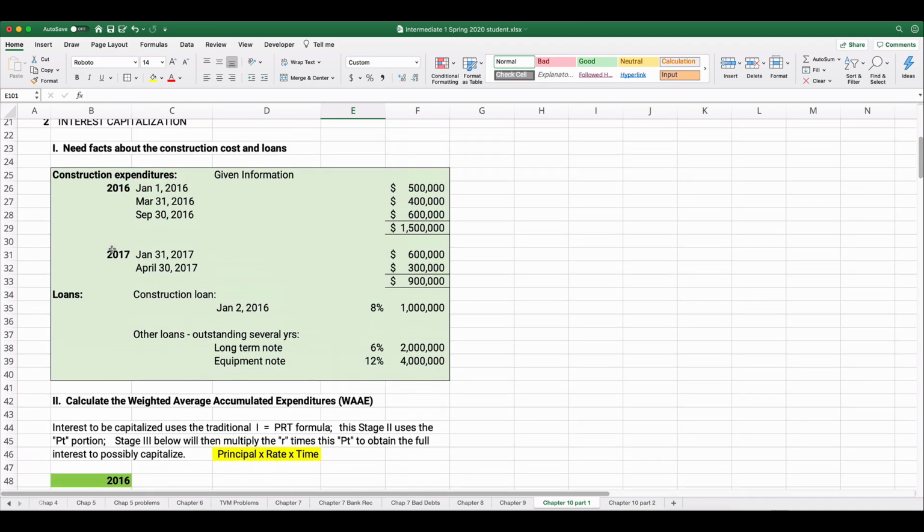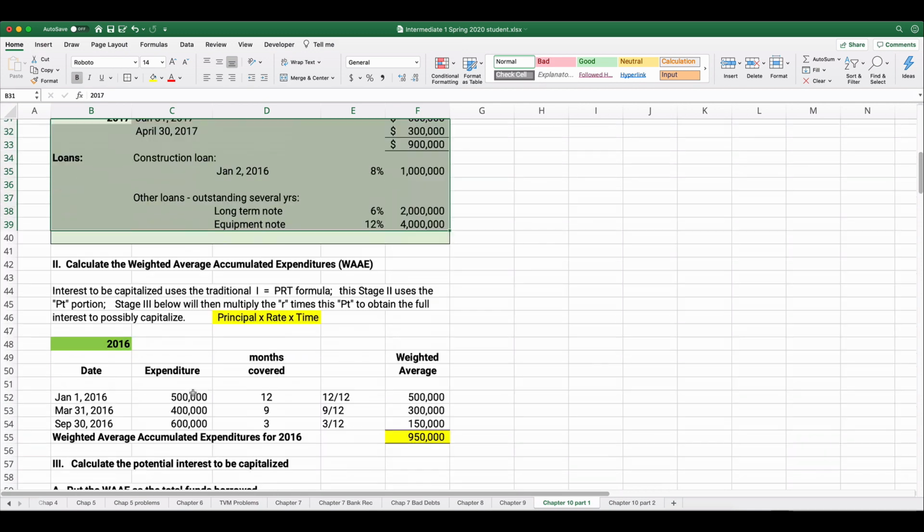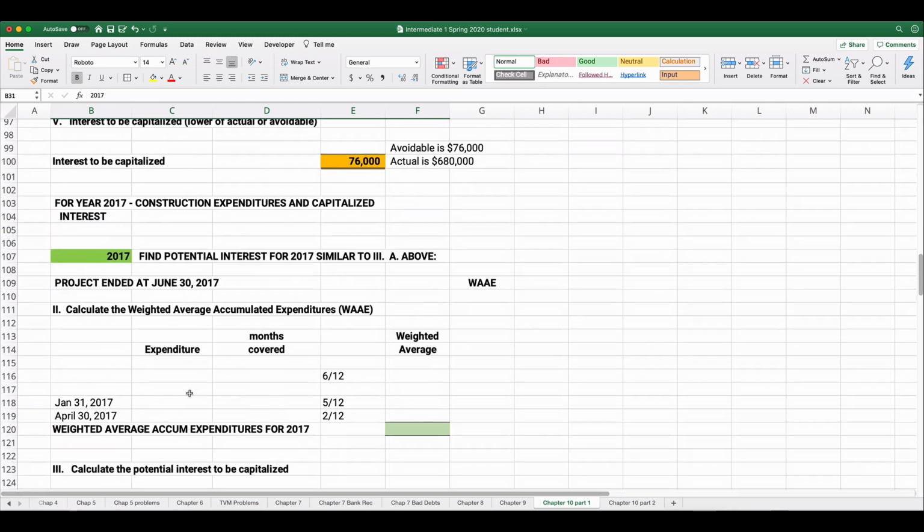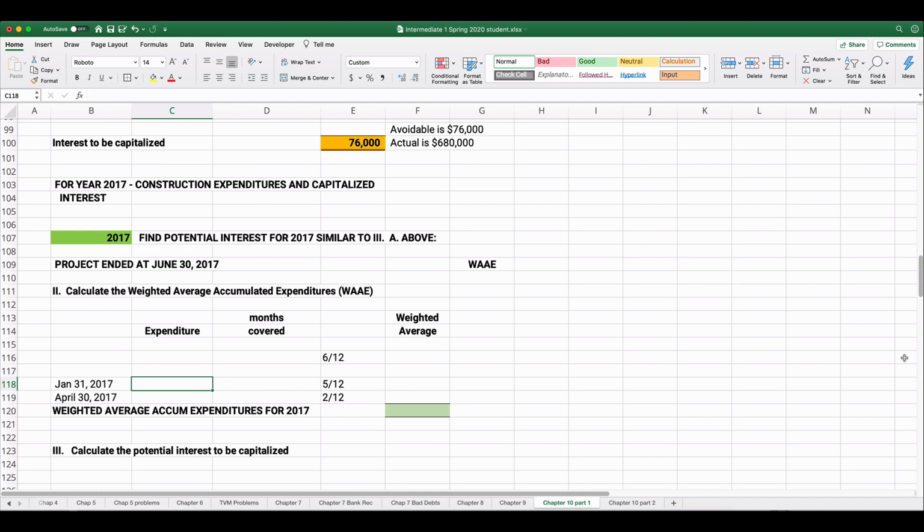So we're going to look at this, and we still have all this down below. For the entire period, we have these payments and we have these loans. So let's scroll on down. We're going to say, well, what kind of expenditures do we need to make?